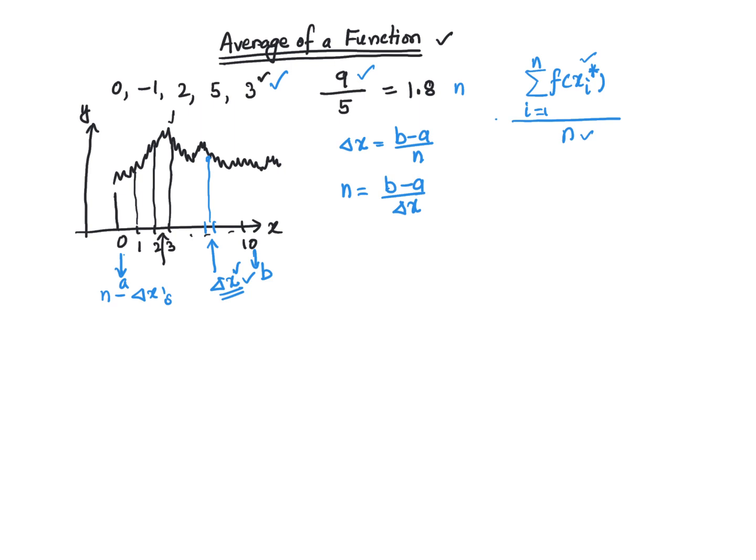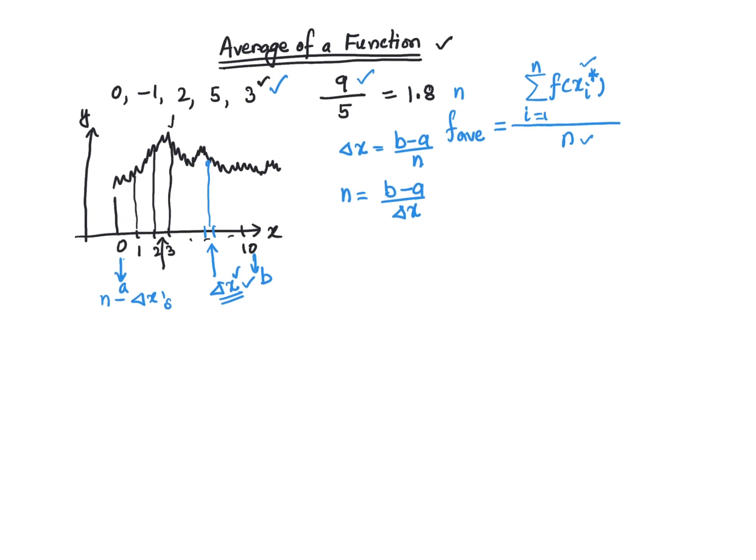So in this average, which I call f sub ave for the average of the function, this is an approximation. Technically, I could say approximately, because this is not the true average but an approximation, and this approximation gets better and better if you make the window delta x smaller and smaller.